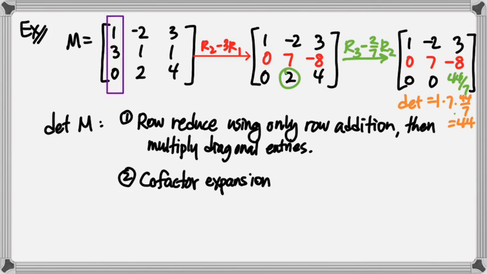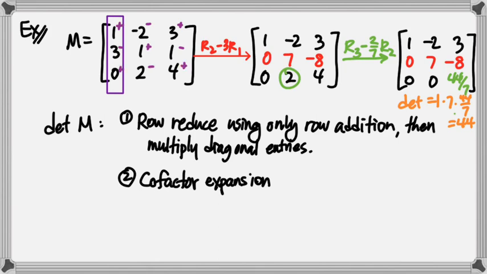So I'm going to select a column, and first of all, assign signs, either plus signs or minus signs, to the entries in my matrix with the rule that the first entry in the upper left always gets a plus, and then every adjacent entry gets the opposite sign to the ones it's adjacent to. So that means that this one would get a minus, this one would get a plus, minus, plus, minus, plus, minus, plus.